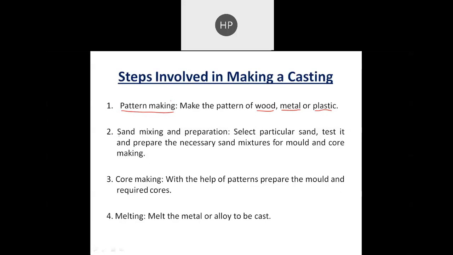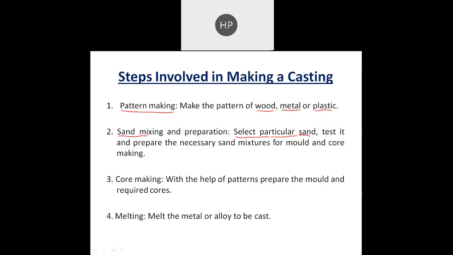Here, to make the mold, we are talking about sand casting. So we use sand to make the mold. The sand is properly mixed and prepared. How is that sand mixing and preparation done? For that, we have to select a particular sand. There are many types of sand available, but for sand casting of a particular product, we have to select what kind of sand to use and how it will be prepared.